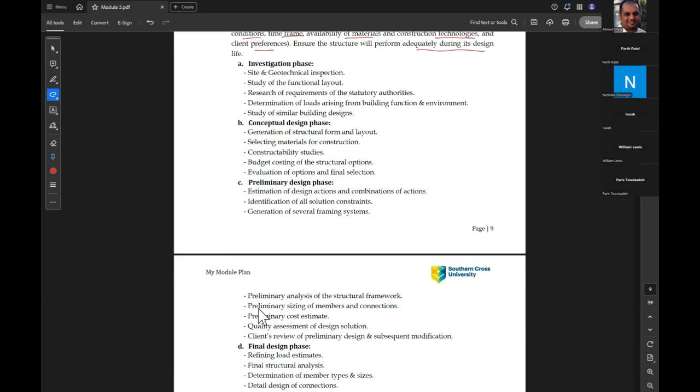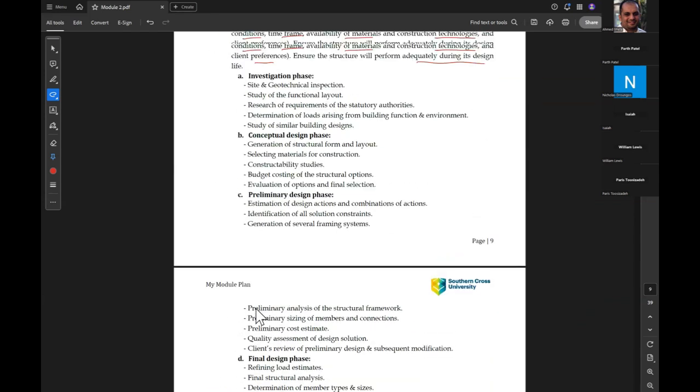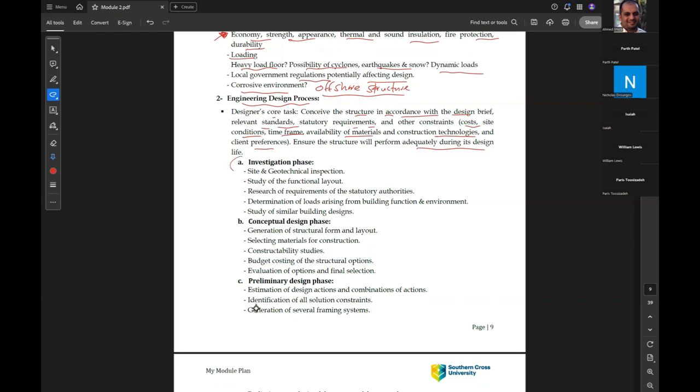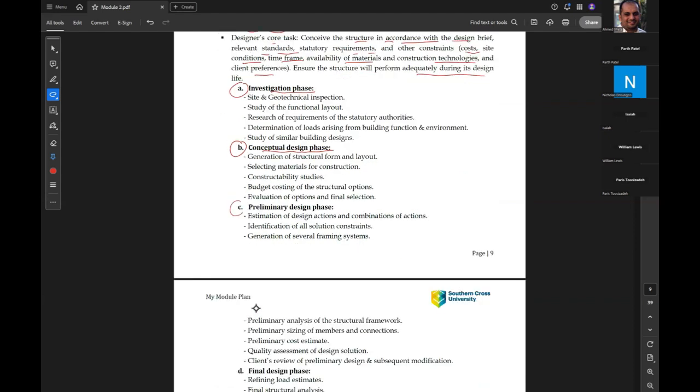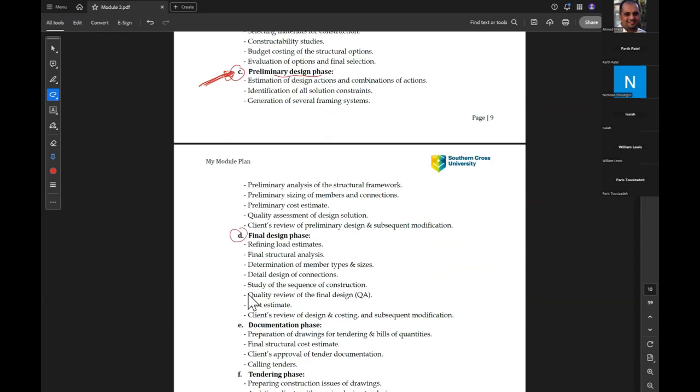So we have some phases of the design. We can go through them. We have the investigation phase, then the conceptual design phase, and the preliminary design phase, which is our job, and the final design phase and documentation phase.